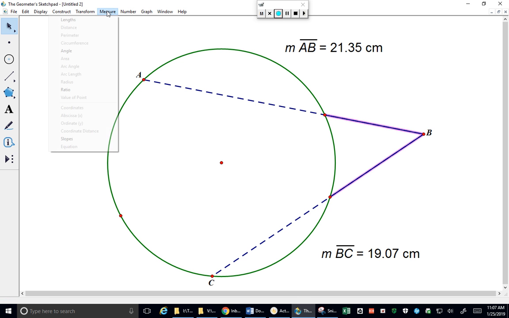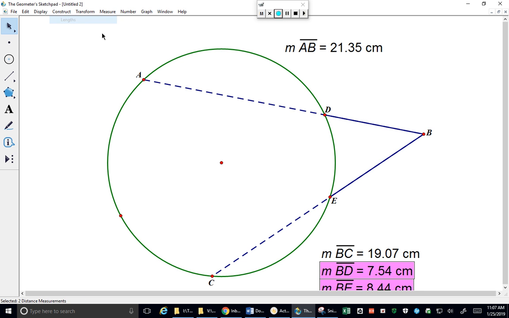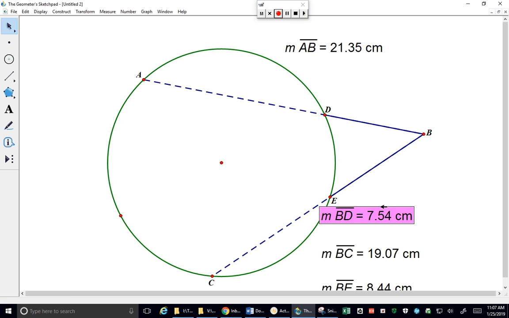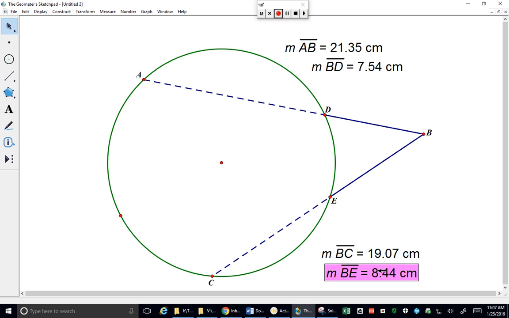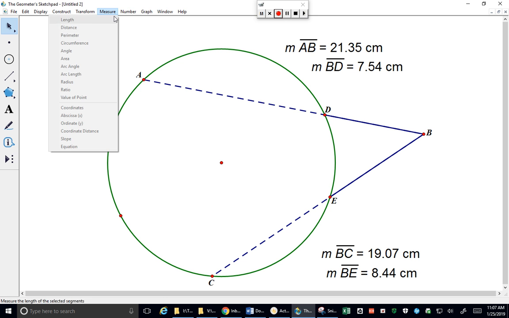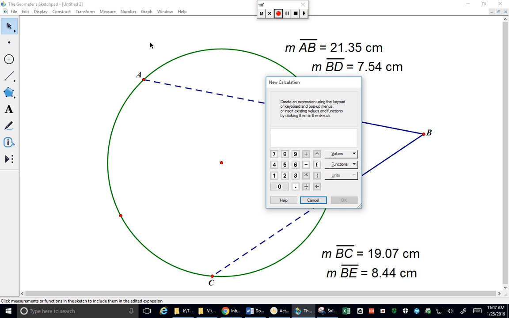So let's measure these two lengths. Length, length. There we go. All right, so it looks like BD is the top one, right? There's the outside there. And BE is the outside one from the bottom chord. So let's do another calculation. Sorry.